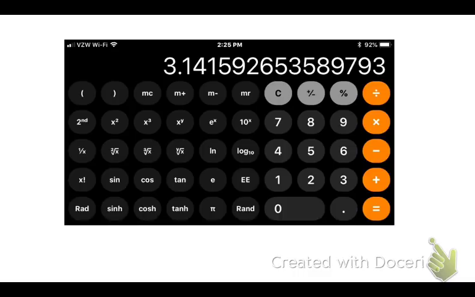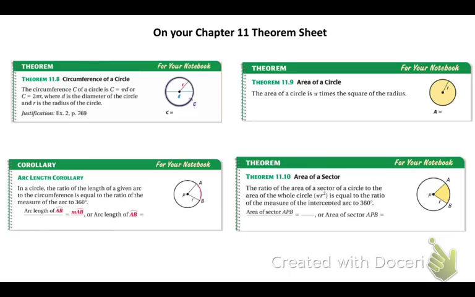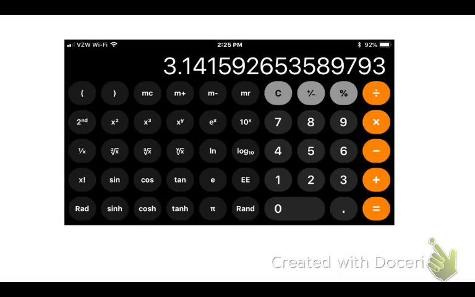Okay, let's talk about pi. If you go to your phone and plug in pi, this is what you get: 3.1415926, blah, blah, blah.